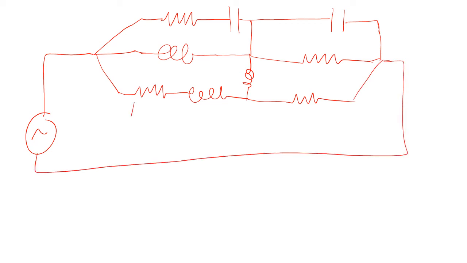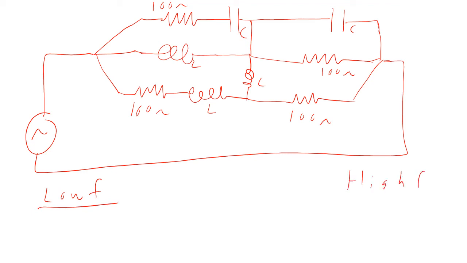So let's say that each resistor is 100 ohms. Okay, so we have inductor, capacitor. And so I want to know, again, for low frequencies and for high frequencies, what's the limiting cases here?